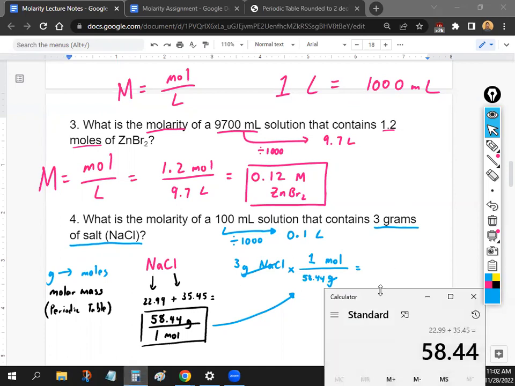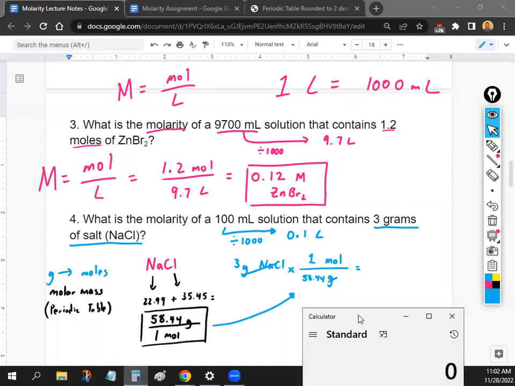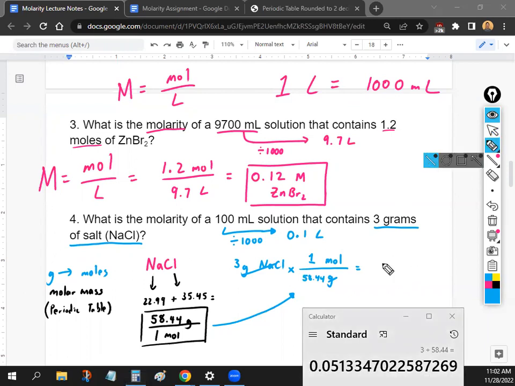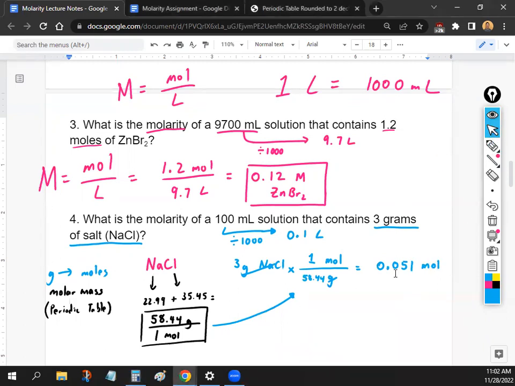And then we do the same math that we've been doing. We put in our starting number, 3 divided by 58.44, and that's going to give us an answer of 0.051. Okay, and now we have moles.